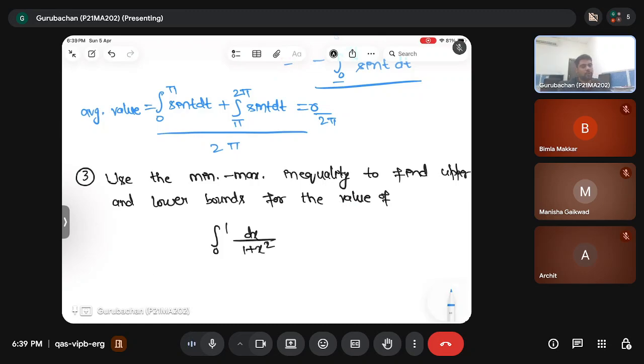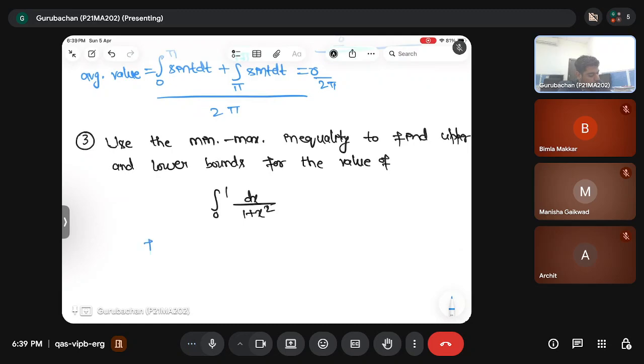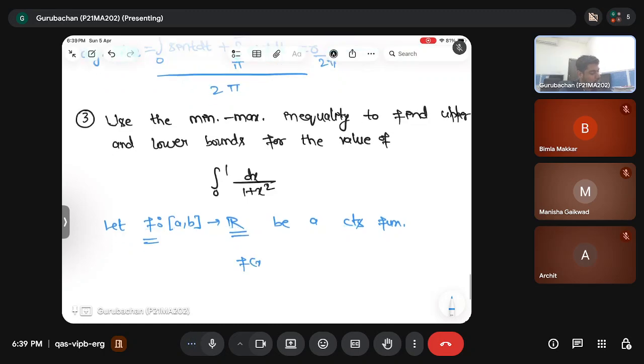So what is the min-max inequality? Tell me. Whenever you are given a function defined from [a, b] to R, let this be a continuous function. You have to remember that f will attain its maximum value and minimum value as real numbers. That means f(x) will be greater than or equal to some small m and less than or equal to some capital M. This is the minimum value in R, which obviously cannot be infinite.